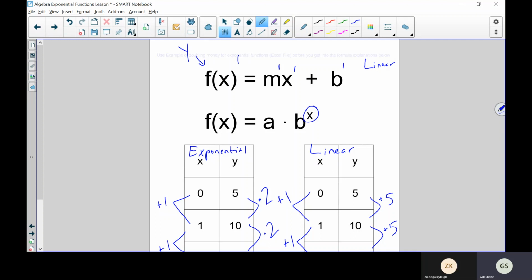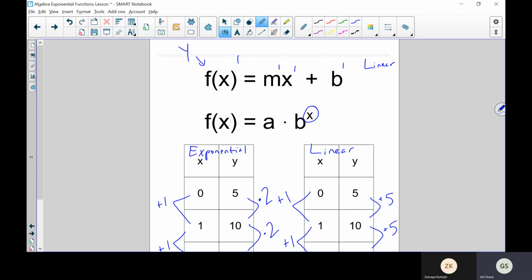If you don't see any exponents, meaning that everything really has a 1 there, that's a linear equation. So if you don't see any exponents, it's linear. If you do see an exponent, not every term has to have an exponent. It could be a 2, could be a 3, could be a fraction like 1/2.